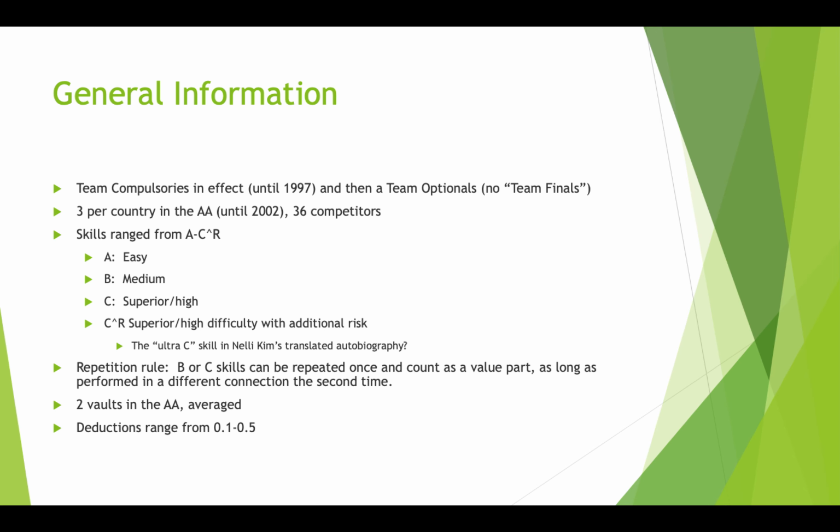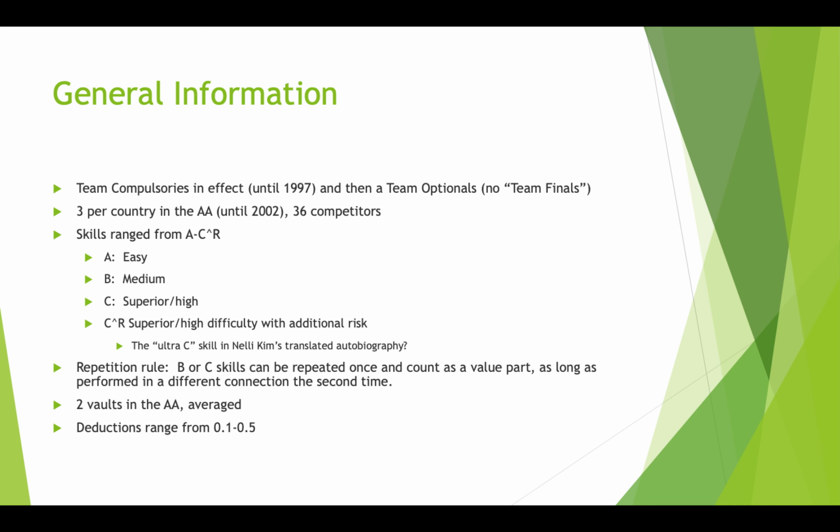So, just some general information about this code of points, information that you might not know if you've only been following gymnastics for the past 13 years since 2006. In 1979 and up until 1997, there was still a compulsories competition that was called Competition 1, followed by the optionals.